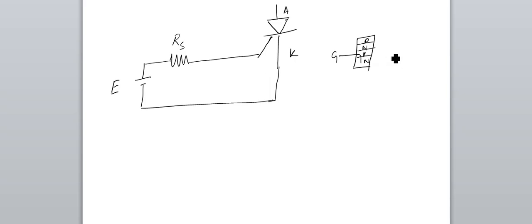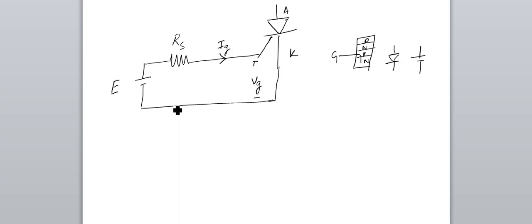So you can expect that it is like a diode, which you might have learned in analog electronics as having a voltage drop. So basically this is a voltage drop VG. This is the gate voltage that you require to turn on your SCR, and this is the gate current that you require to turn it on.